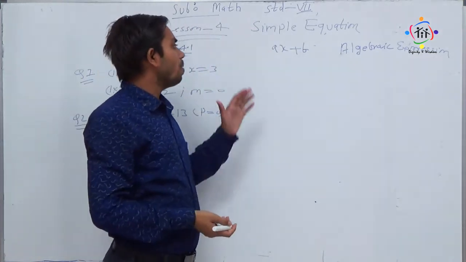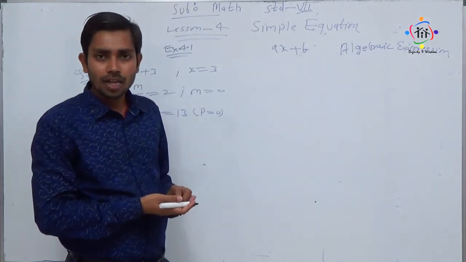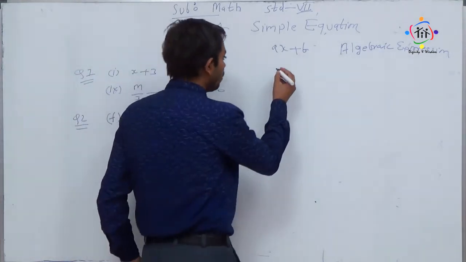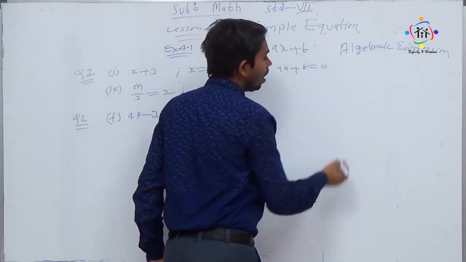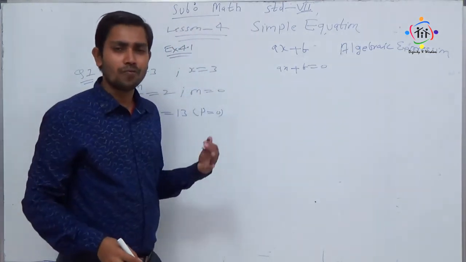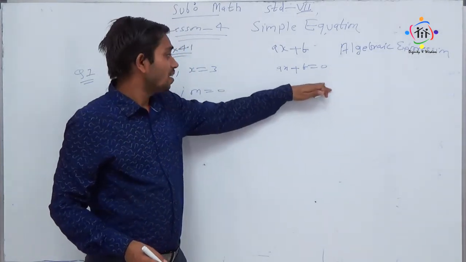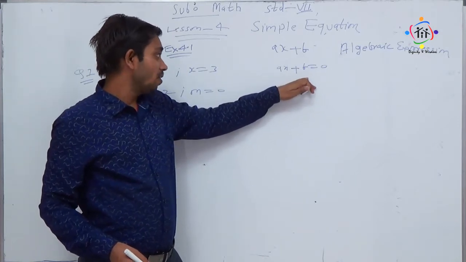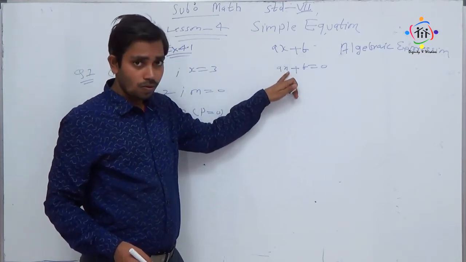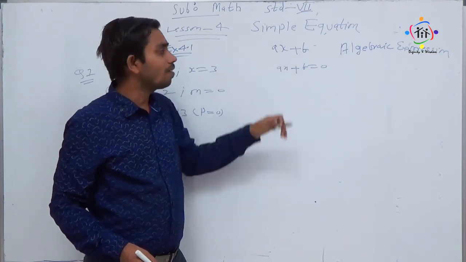But if there is something on the right side with an equal sign, then it is called an equation, my dear students. Like ax plus b is equal to 0, or if a constant number or another algebraic expression is also given on the right side, then it is called an equation. When there is one variable with highest power 1, then it is called a simple equation.